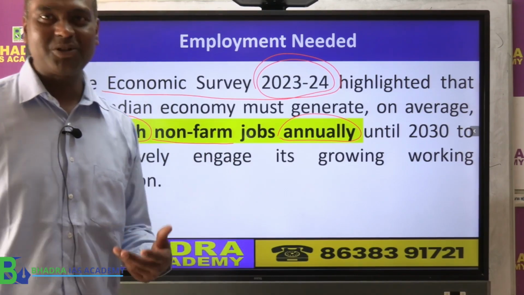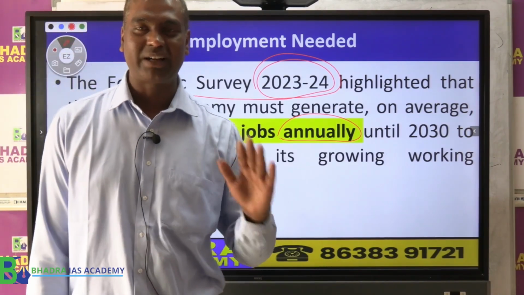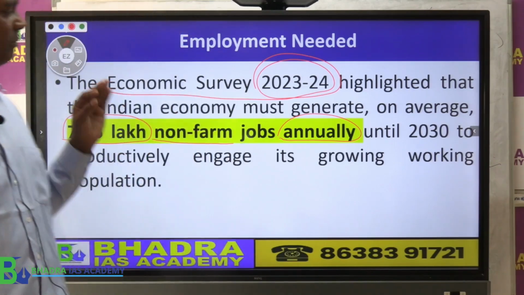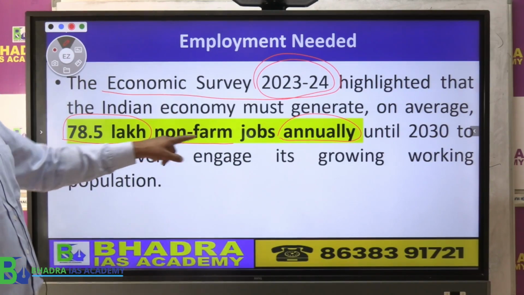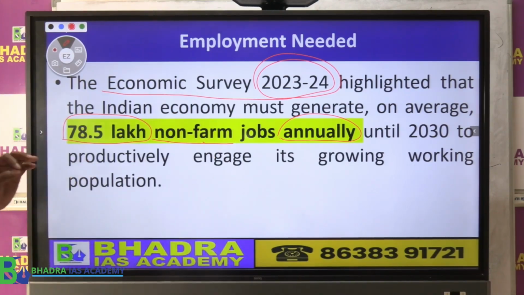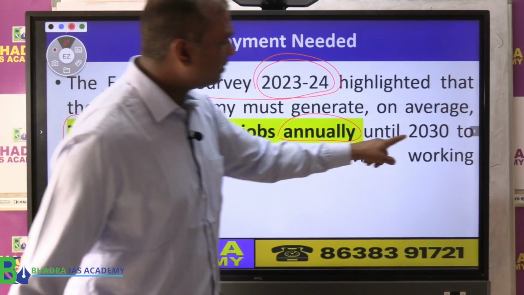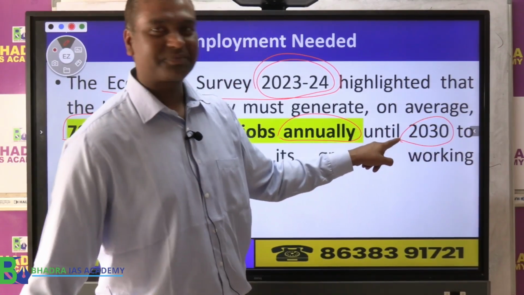Because creating more jobs in agriculture means again they are back to agriculture. So the economic survey clearly says that we have to create non-farm jobs annually. How much every year? 78 lakh. This has to be done till 2030.